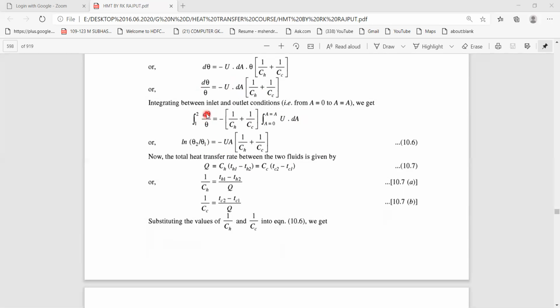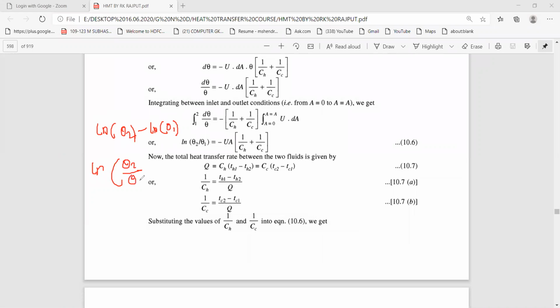Now the integration of 1 by theta with respect to d theta is ln theta. The upper limit is 2 and the lower limit is 1, so we get ln theta 2 minus ln theta 1, where the upper limit is theta 2 and the lower limit is theta 1. So ln theta 2 minus ln theta 1 is ln of theta 2 by theta 1, using the simple logarithmic property.